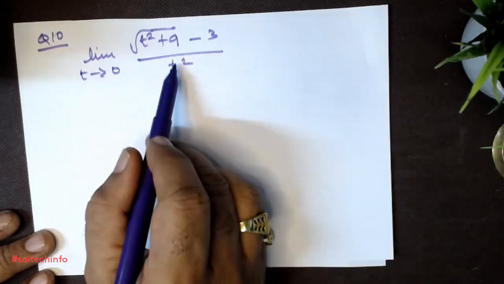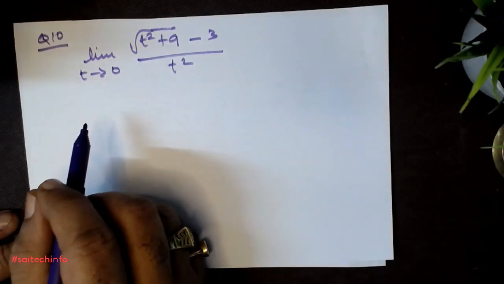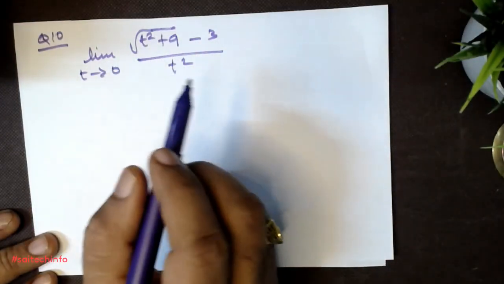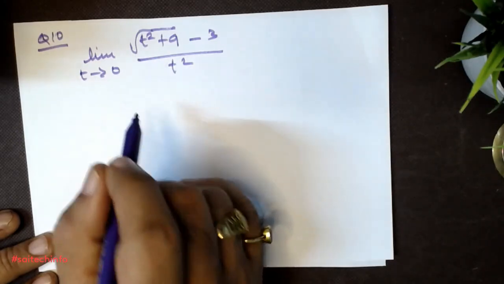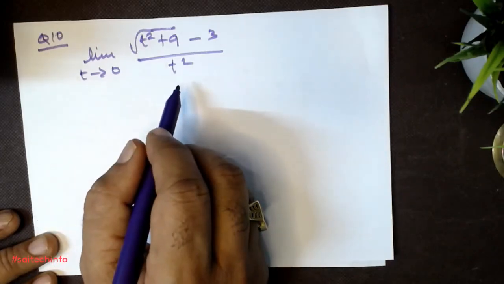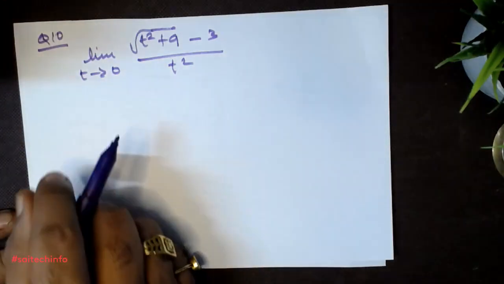So here also you cannot put 0 straight away. We cannot apply the quotient theorem here. So in that case we have to adopt the algebraic technique of rationalizing. You can rationalize the numerator.